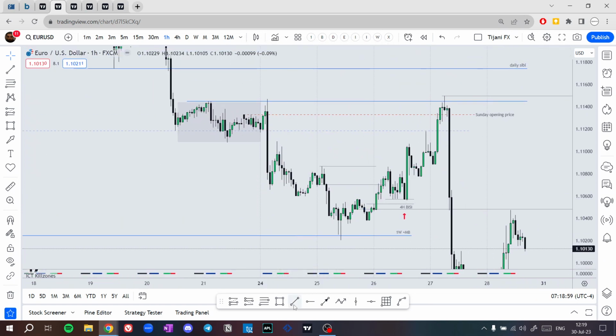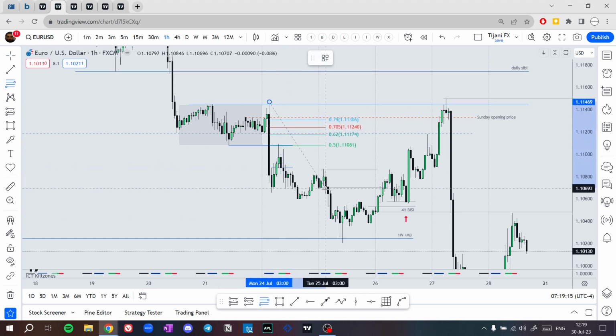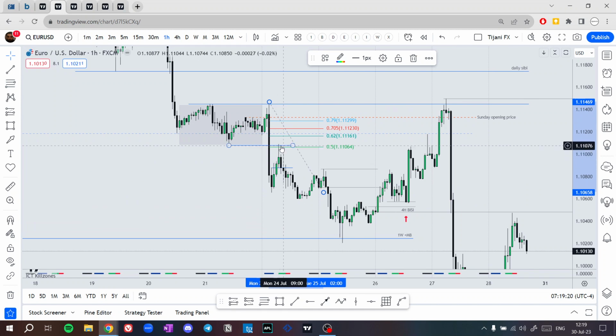So you could find an entry here at this fair value gap right here. See that price has failed this fair value gap during the New York kill zone. Maybe you have been waiting for an optimal trade entry, but if you see that price has reacted from equilibrium at Asian range low, where is Asian range low?